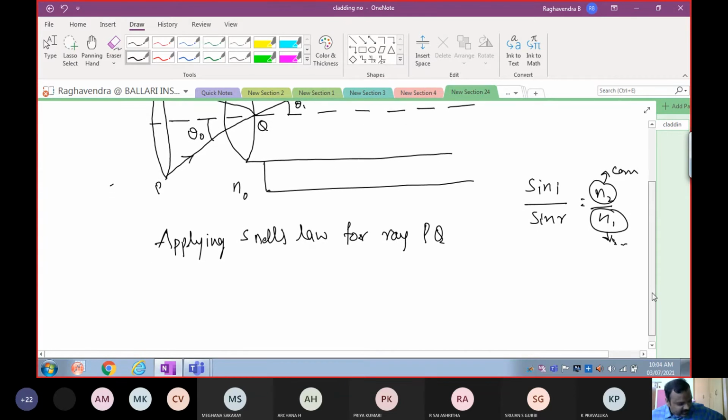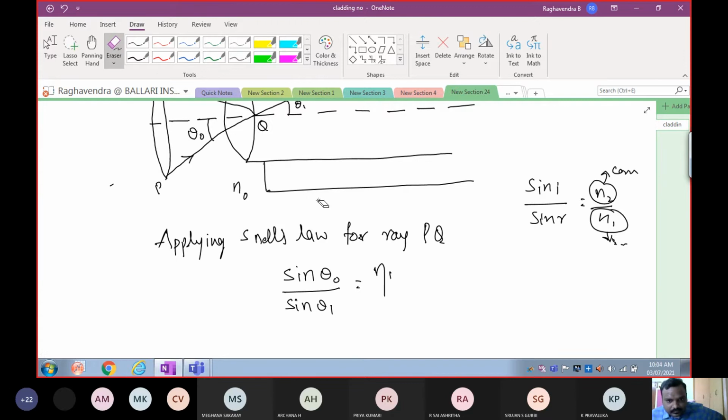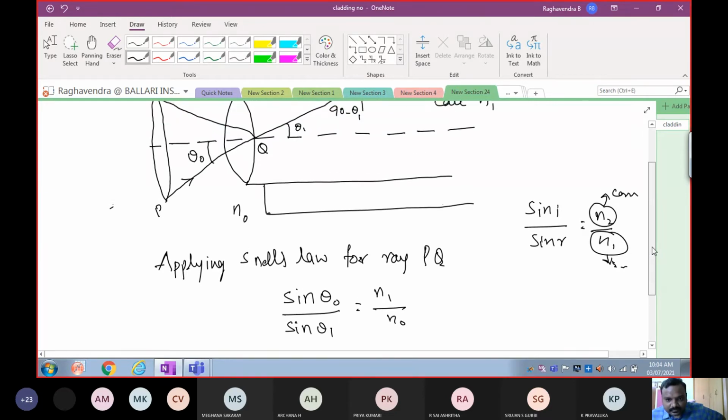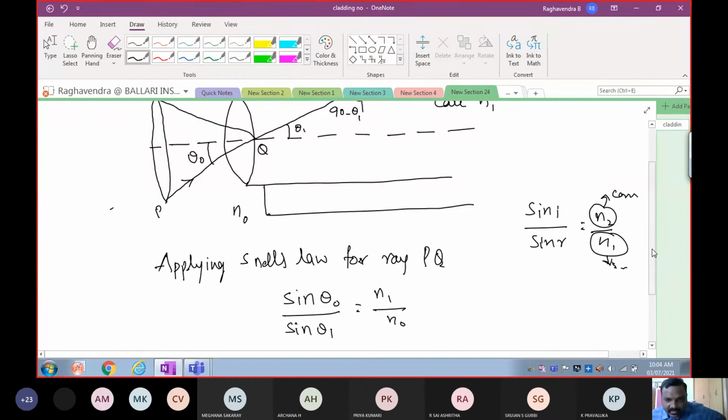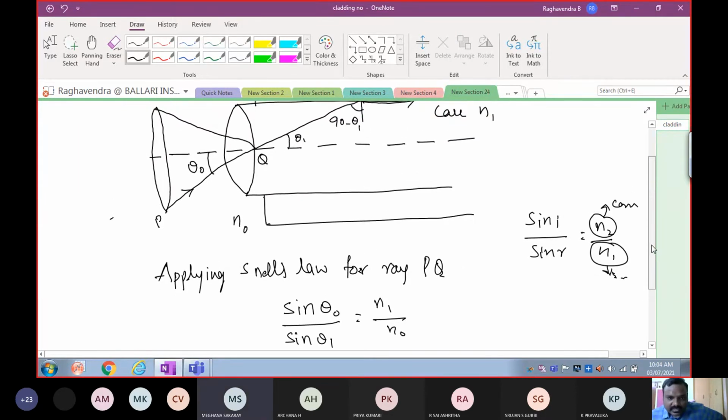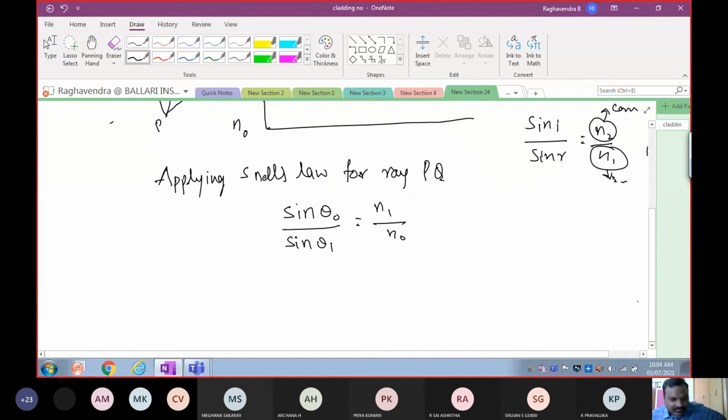So I will write like this: n0, that is sine theta naught, the angle of incidence, divided by sine theta 1, which is equal to n1 divided by n0. Theta naught is the angle of incidence, theta 1 is the angle of refraction, n1 is the refractive index of the core, n0 is the refractive index of the surrounding medium.